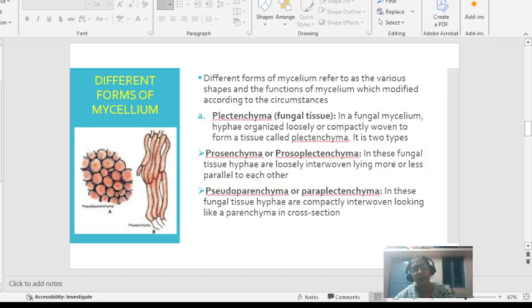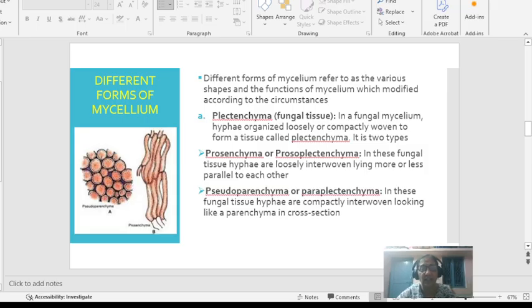When you see the mycelia, there are different types of mycelium. One is known as the plectenchyma. In this, the hyphae are organized loosely or compactly woven to form a tissue called plectenchyma.